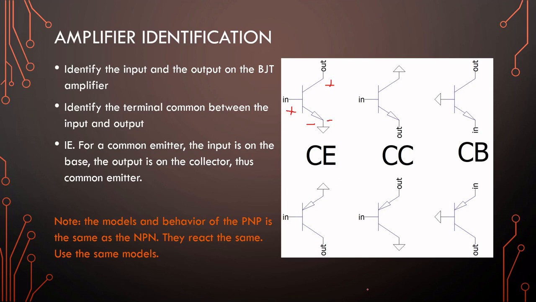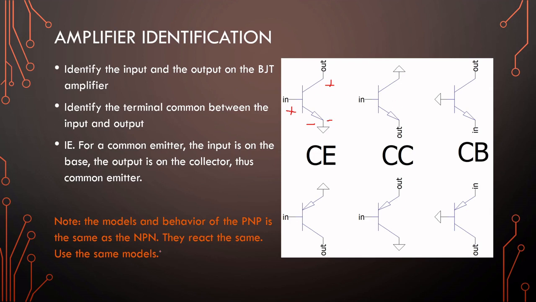common between the two. Okay, in terms of models, the model for the NPN and PNP is exactly the same. So you can treat them the same after you did your bias and everything will work out fine. So we are just going to focus on the NPN side.